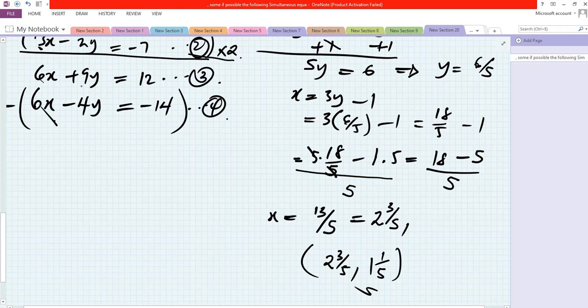Minus is plus, so 9y plus 4y will give you 13y. Now, 12 minus 14. So minus here will be plus. So 12 plus 14 will give you 26.